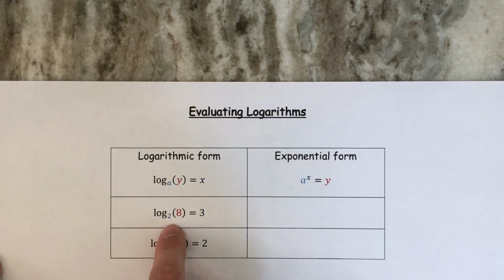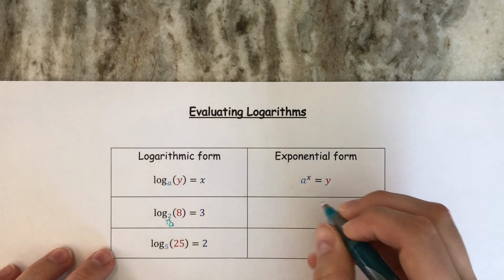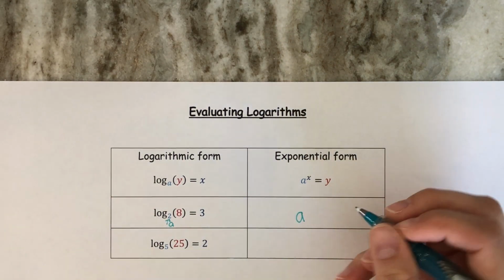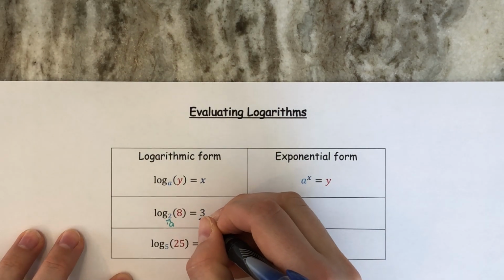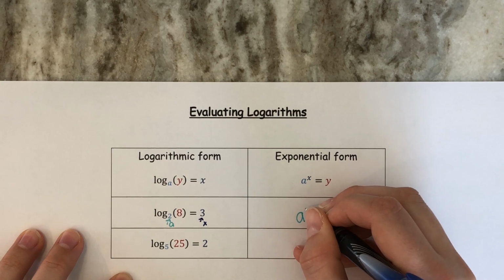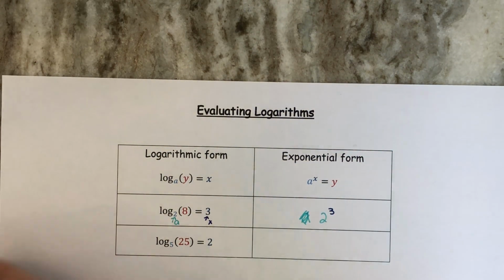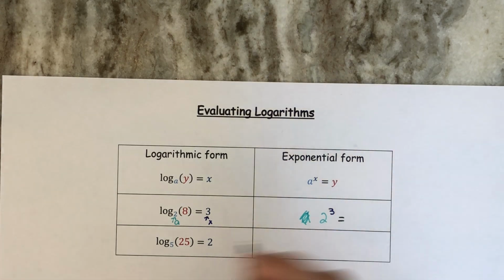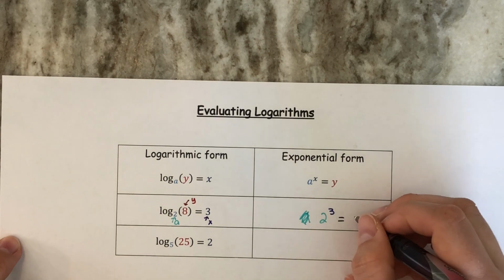So if I took this first example, log base 2 of 8 equals 3, and I wanted to write that in exponential form, I'm going to take my a value, so that 2 is my a value, and I'm going to say a to the power of x, and using this, my x is going to be that 3, so 2 to the power of 3 is equal to our y value, and y value is in red, it's that 8.